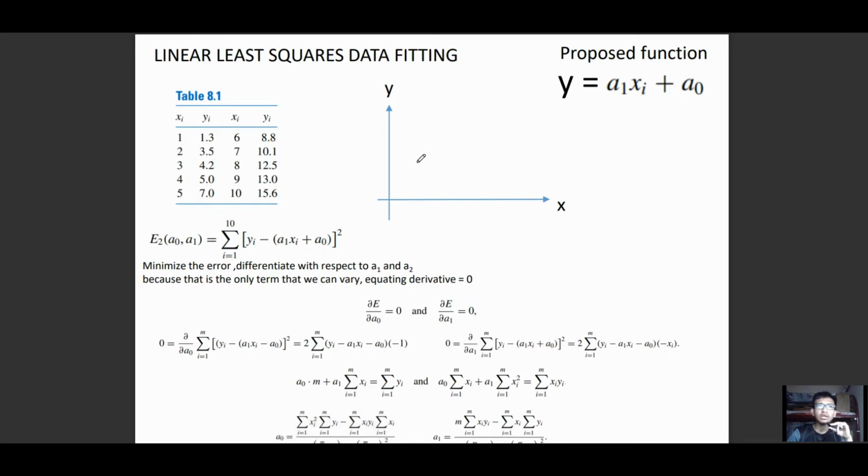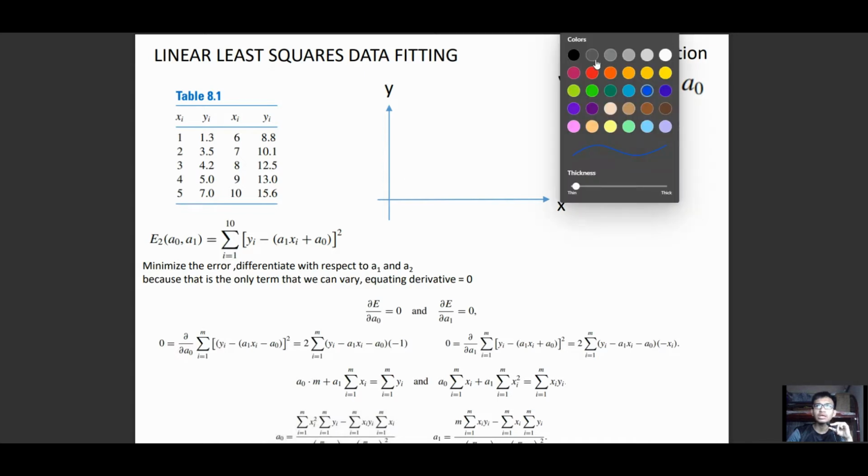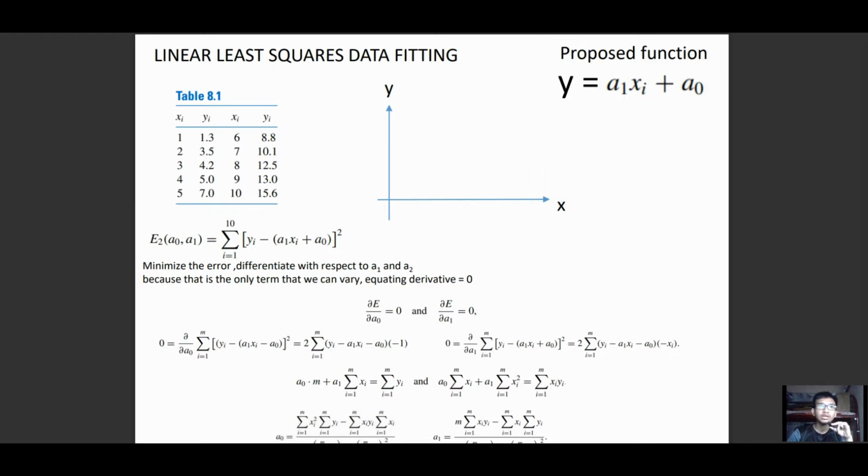We can visualize it this way. Say that we have data. This is the sample data. Say that x is equal to 1, 2, 3, 4, 5, and so on.